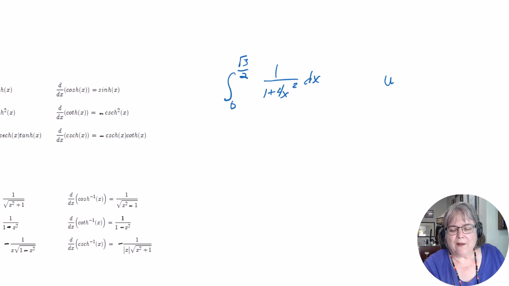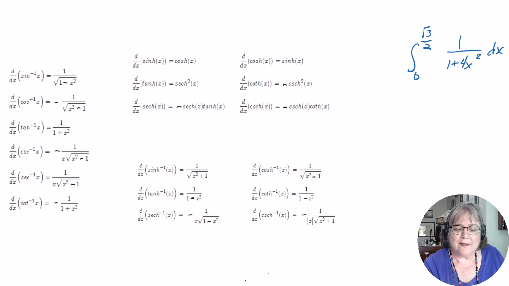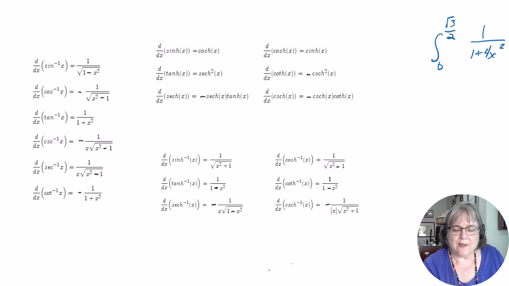So if you went, okay, what if u was 1 plus 4x squared, then du would be 8x dx. And even though 8's not a problem, you just put a 1/8 in the front, I don't have an extra x, so I can't use that. So then you go, great, maybe it's one of these, because obviously it's not the hyperbolic sines and cosines, because they don't have x's and 1's in them.